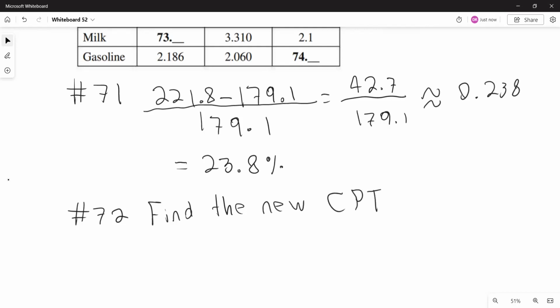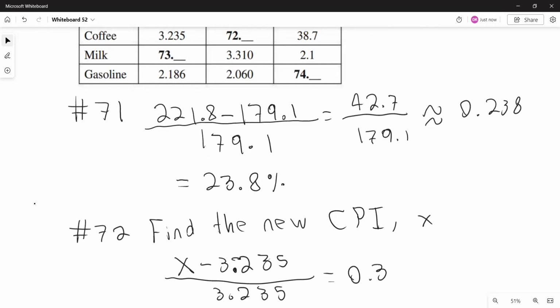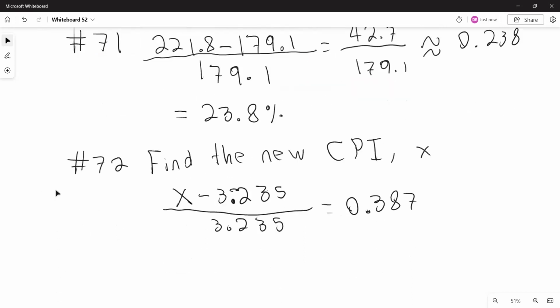We are going to call this X. So that's X minus 3.235 over 3.235 is equal to 0.387. We need to always write the percent as a decimal when we do arithmetic.